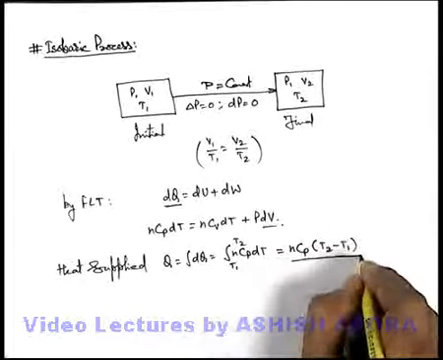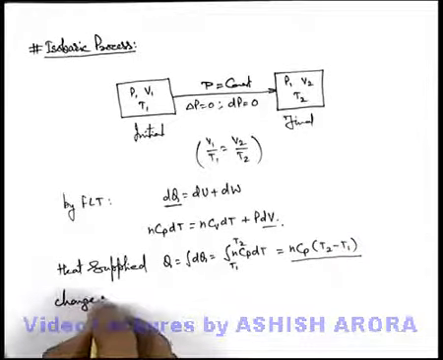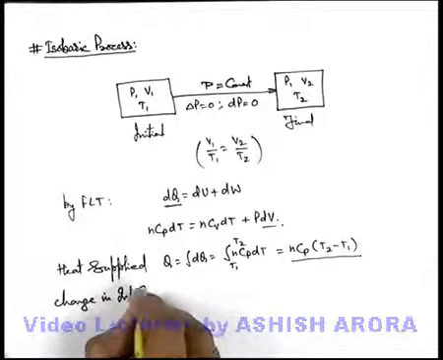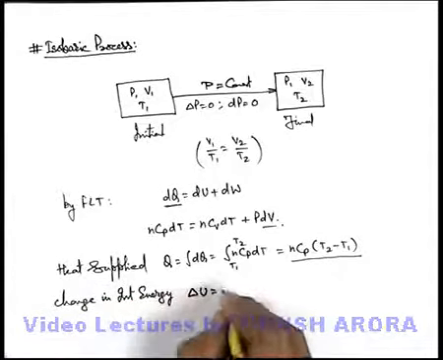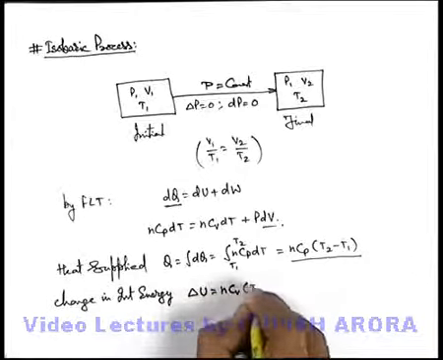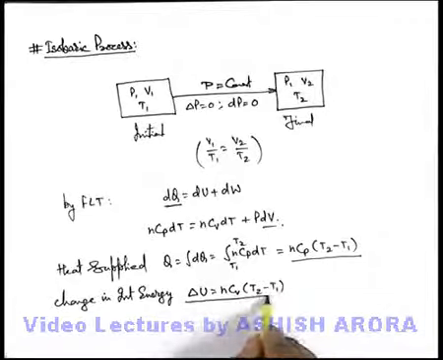This is the result we use for calculation of heat supplied. If we find out change in internal energy, delta U can always be written, for all kinds of processes, as nCv (T2 minus T1). So this will give us the amount of change in internal energy for the process.